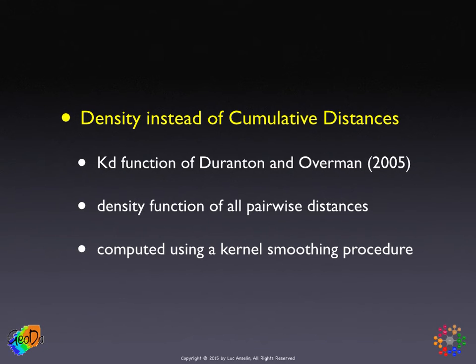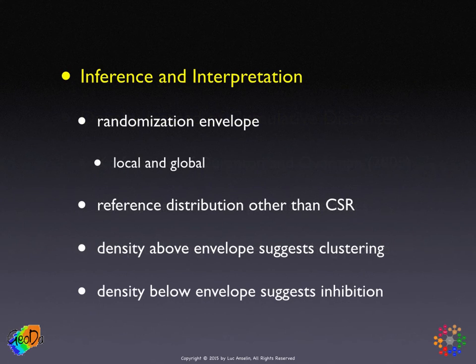We could, of course, do a histogram, but we make it continuous by applying a kernel smoothing procedure to what is in essence a histogram. So the result is a density that shows us how many of the interpair distances are associated with smaller values rather than larger values. And of course, as such, this doesn't mean anything. We have to get a reference distribution to compare this to.